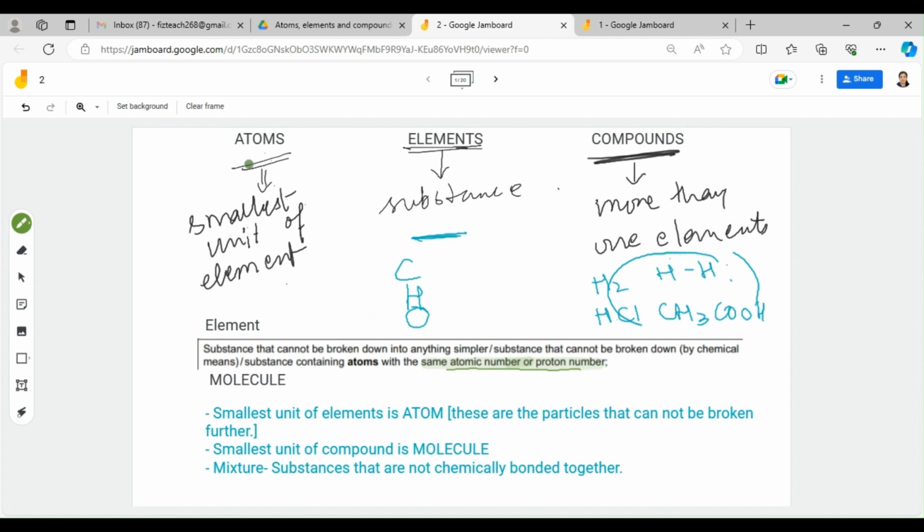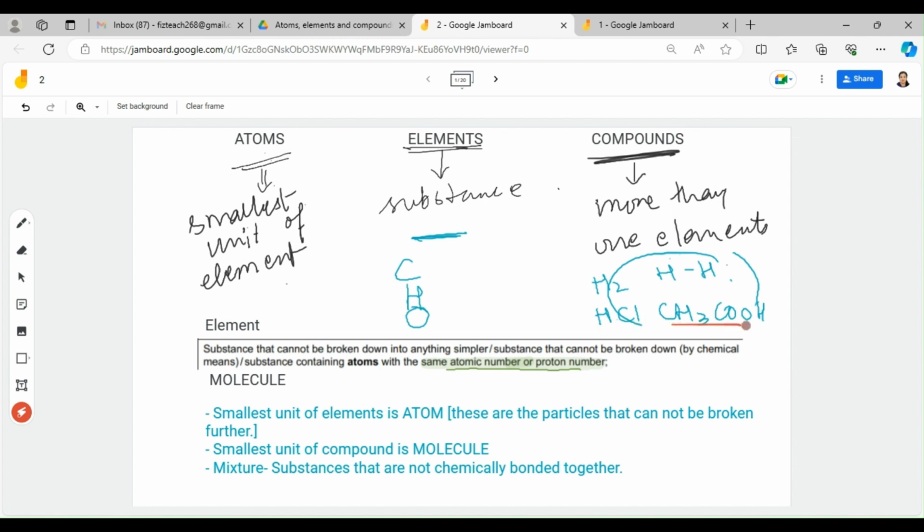Okay, what are atoms? Atoms are the smallest particles of the elements. Then we have compounds. Compounds are when you have two or more elements combined together. This can be hydrogen, H2, two hydrogens attached together, or two different elements attached together in the form of HCl, for example.